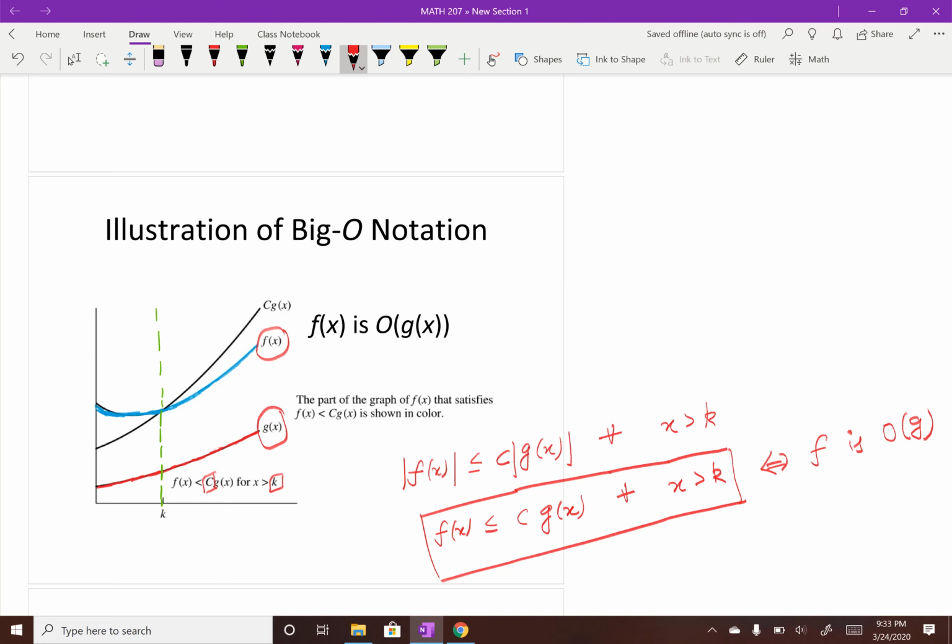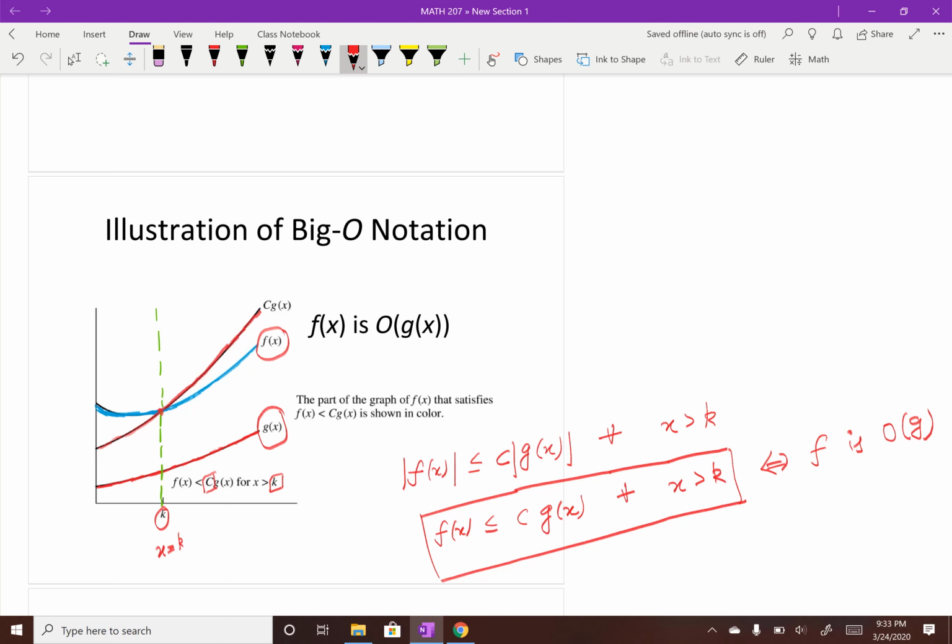But once you can find a witness c, which if you multiply with your function g of x, then the growth of this function is going to increase, and it will go and cross your f of x at a particular point here, and that point is your x equal to k.